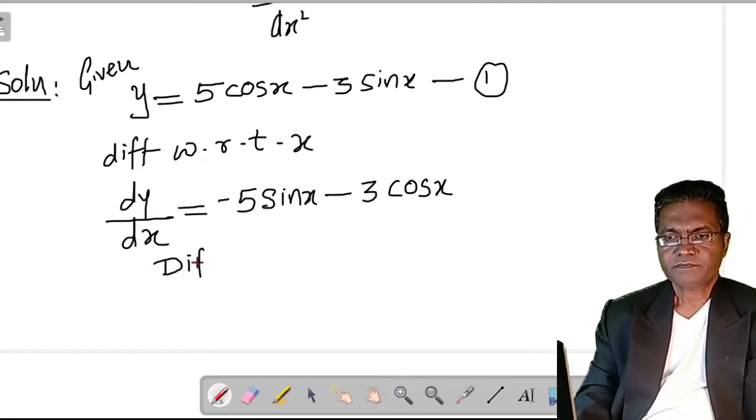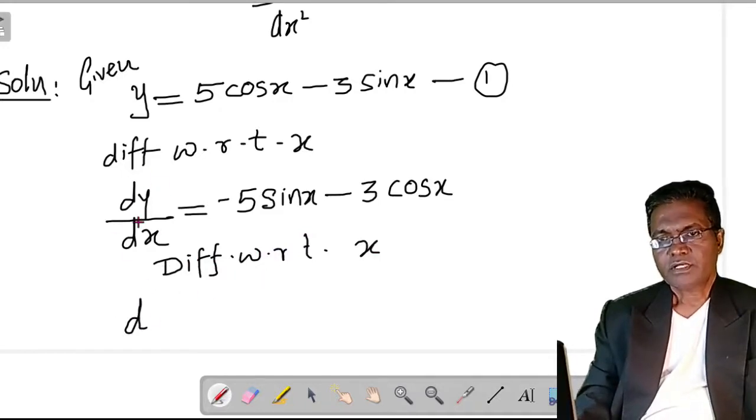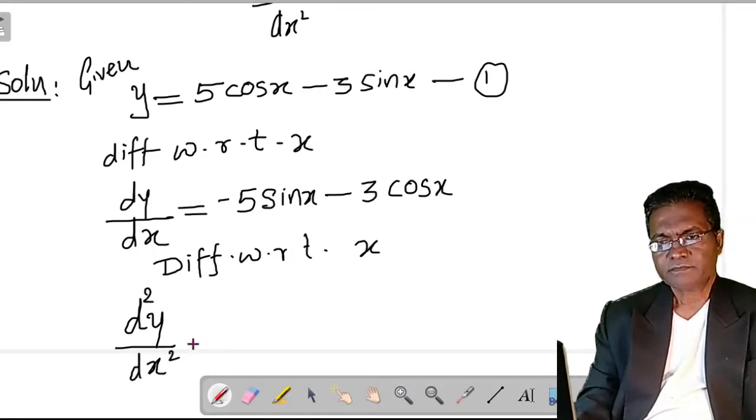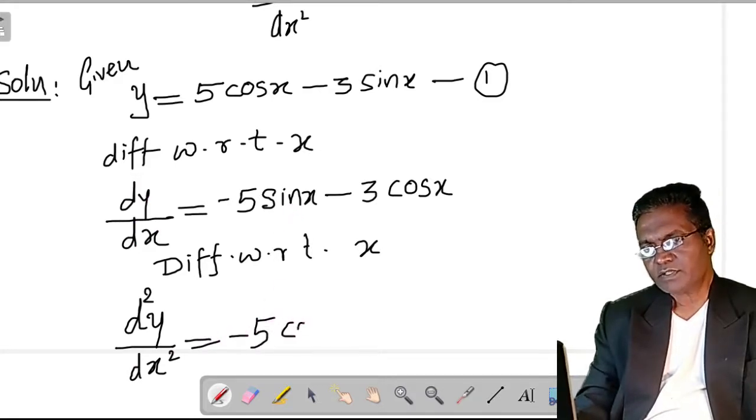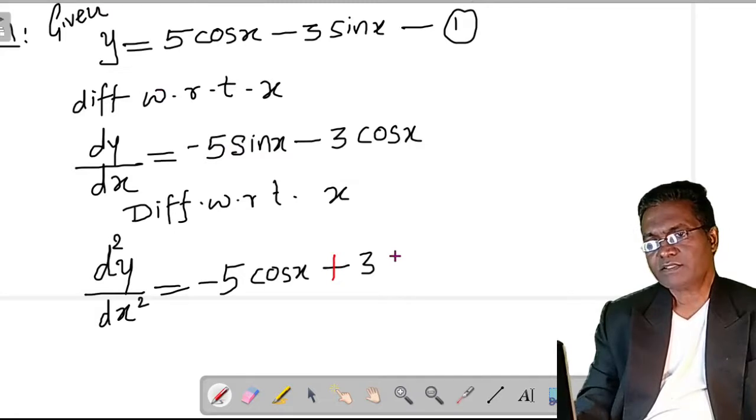Redifferentiate it. Differentiate with respect to x. So derivative of dy by dx, we can write d square y by dx square, is minus 5 as it is, derivative of sine is cos x, minus 3 into derivative of cos is minus sine, and this minus becomes plus, so I can write plus sin x.